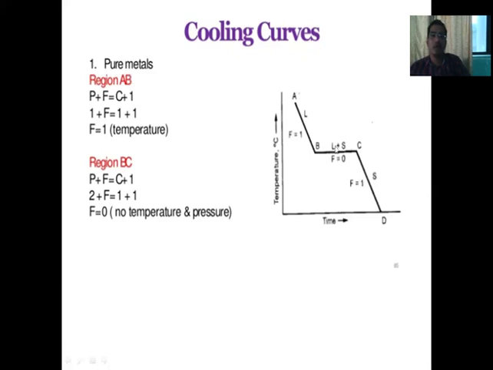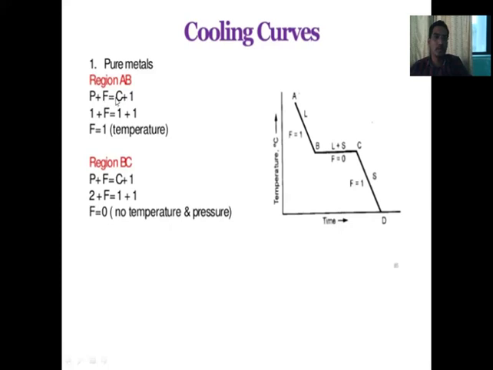Now we are applying the Gibbs phase rule for every region. Consider region 1, or region AB. We use our standard Gibbs phase rule: P plus F is equal to C plus 1.